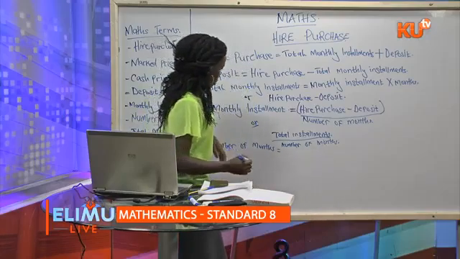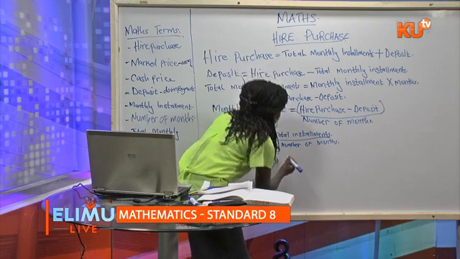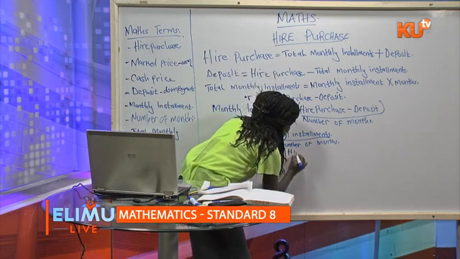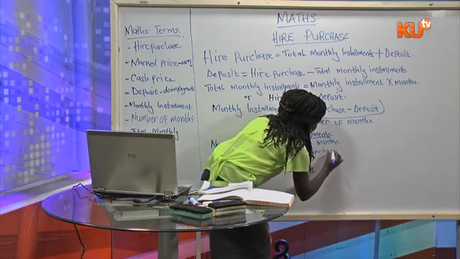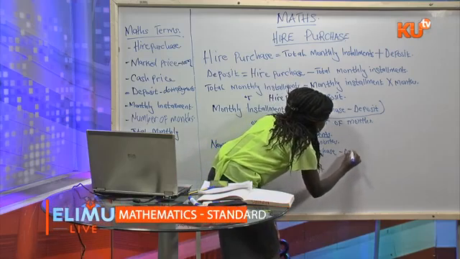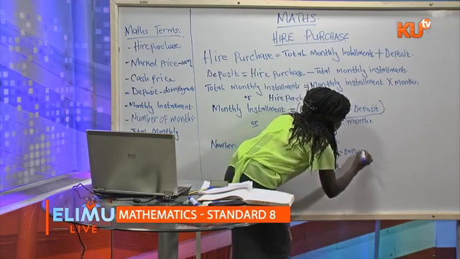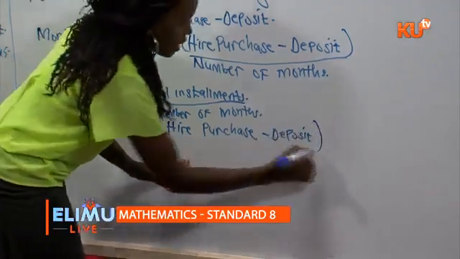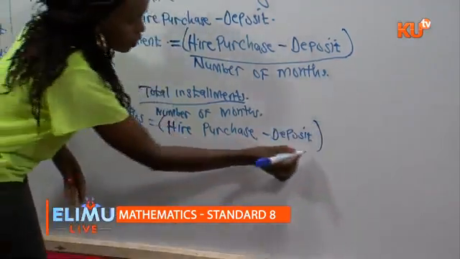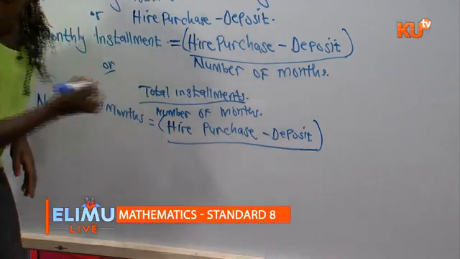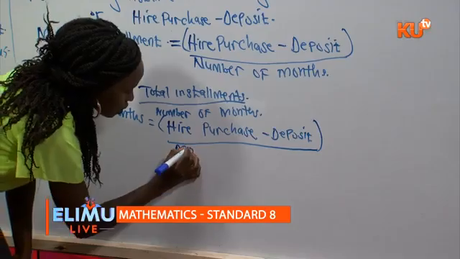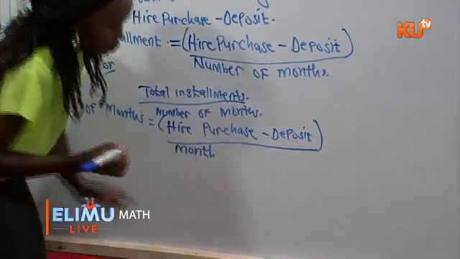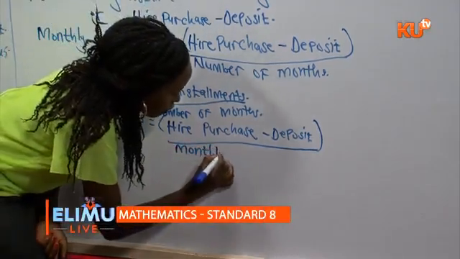We take the hire purchase minus the deposit, then the answer that you get, we divide by the monthly installment, the amount of money paid per month.